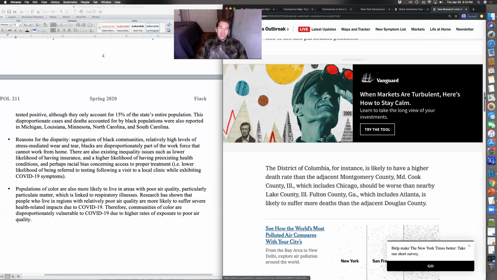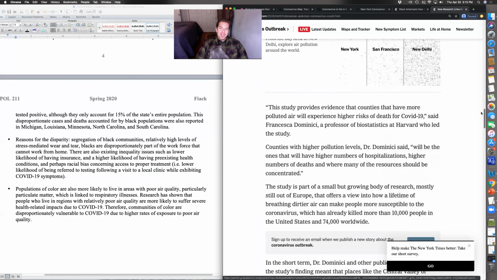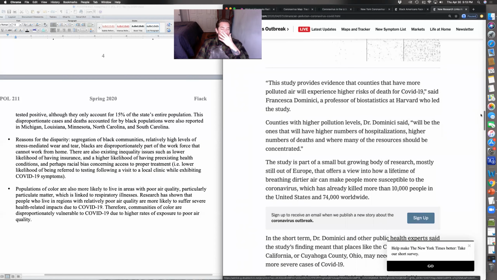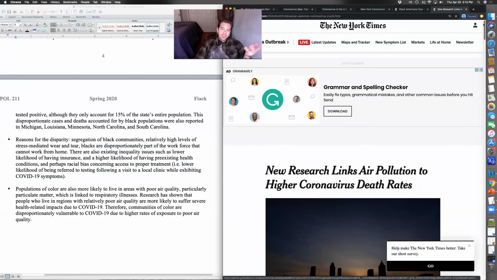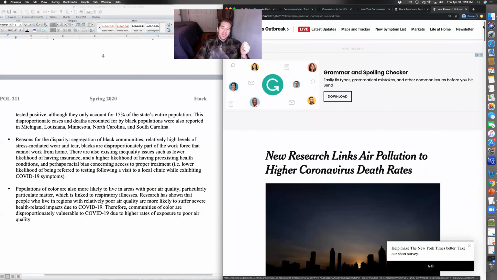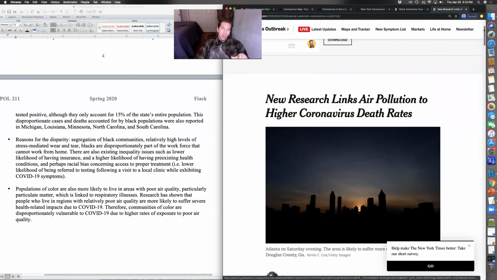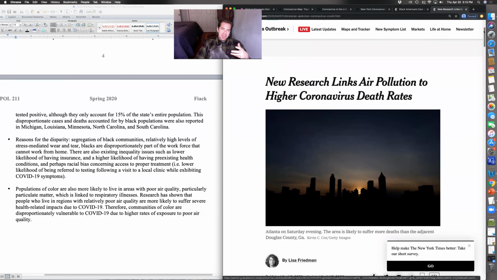And so what this article talks about is a study that linked higher instances of coronavirus deaths in areas where there's lower quality of air, particularly with respect to particulate matter. So when you have more particulate matter in the air, quality is lower.